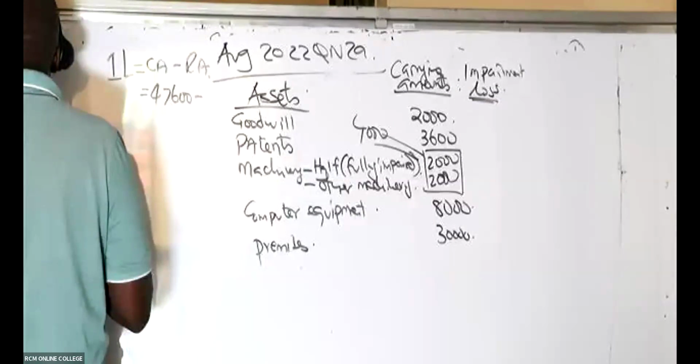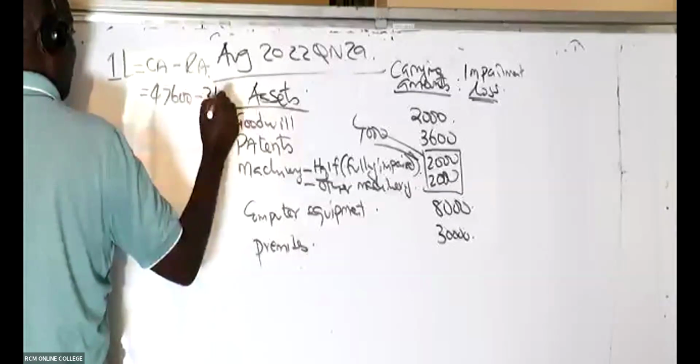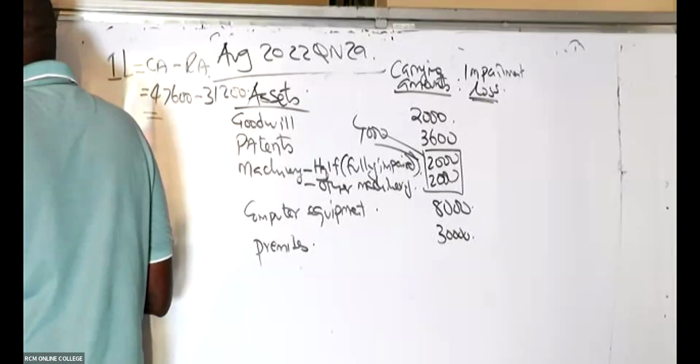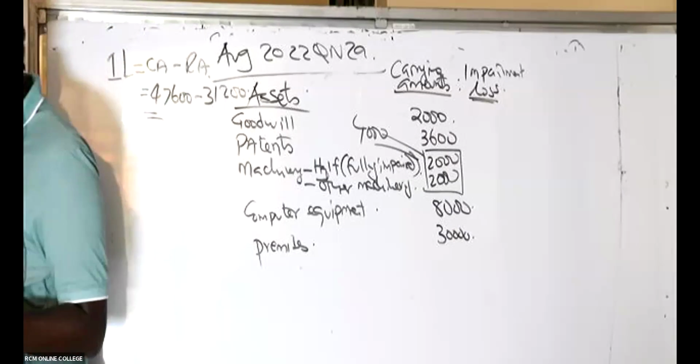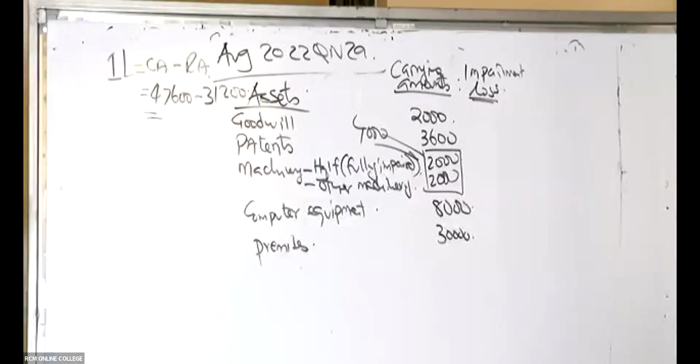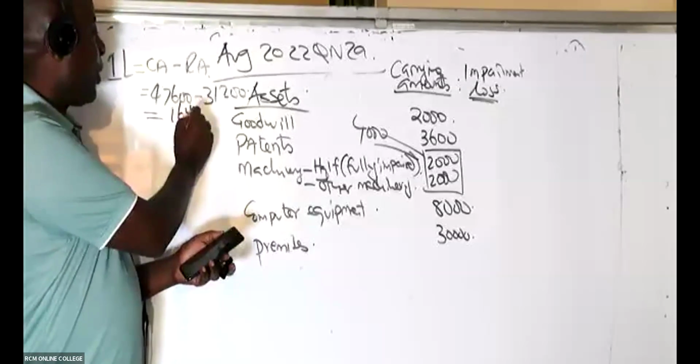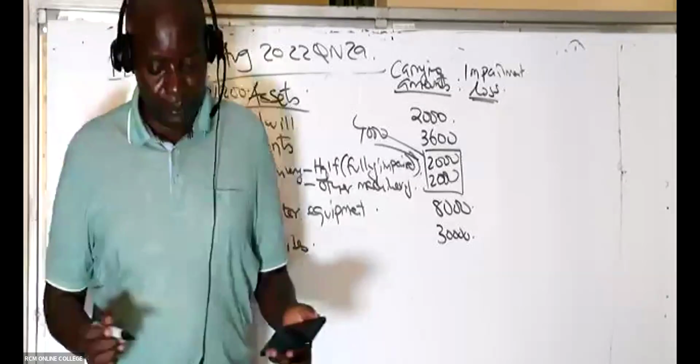What is the RAR here? We already have the RAR. It was 31,200. So we can subtract, and Dave tells me 16,400. Thank you very much.